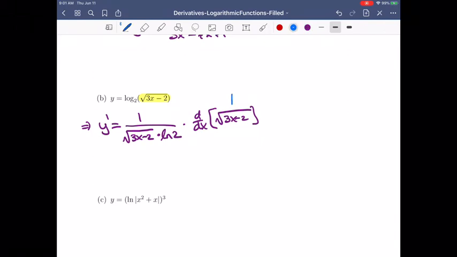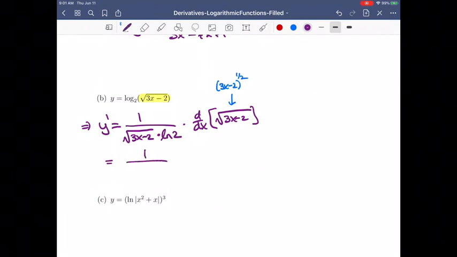Now this thing is actually 3x minus 2 to the power 1/2. To take that derivative, we bring the 1/2 down, and then it's 3x minus 2 to the power negative 1/2, and then we multiply by the derivative of the inside, which is 3. So we're using the chain rule again.